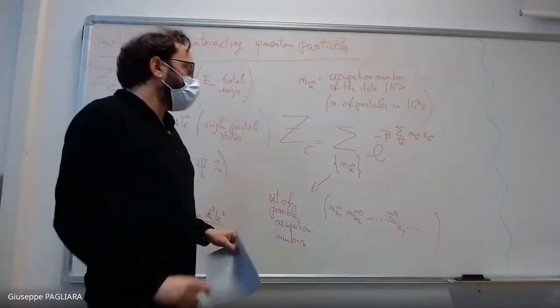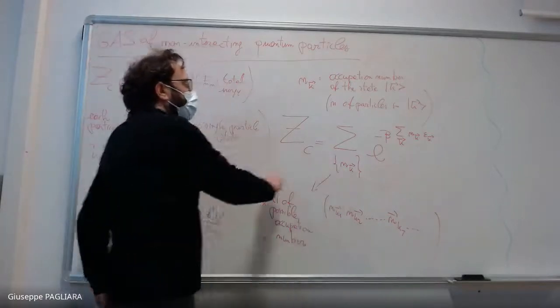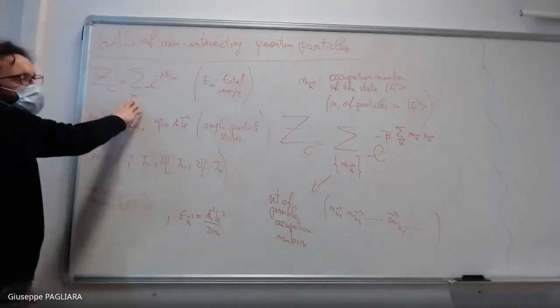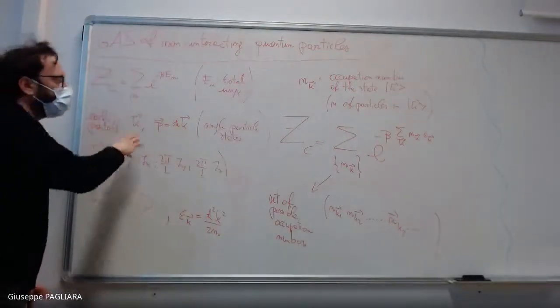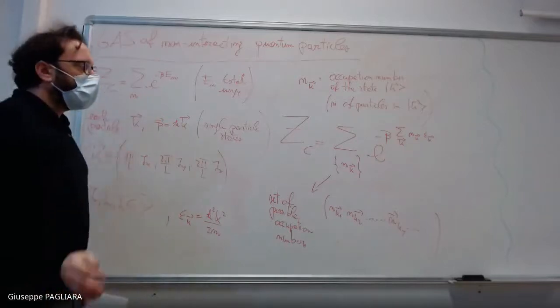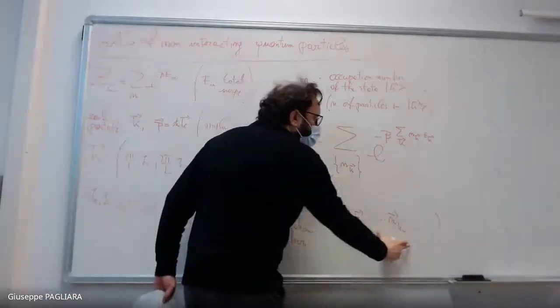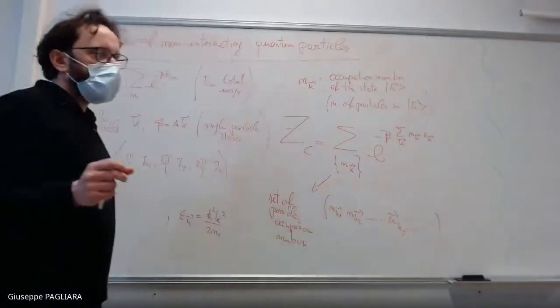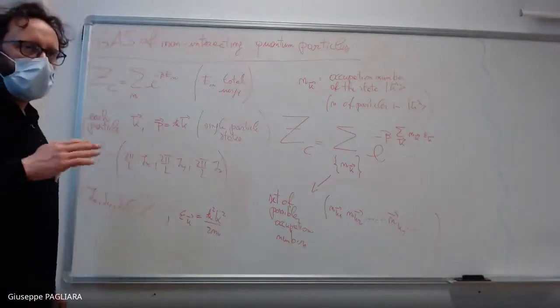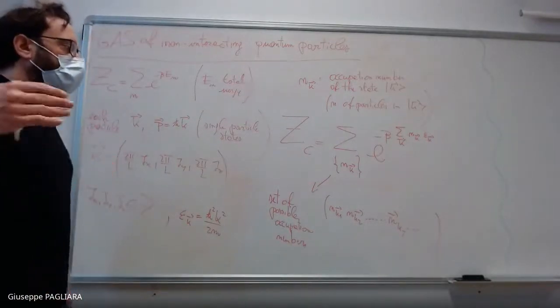So here the sum is not running over n, which is quite general and not very informative at this level, but it is running over all the possible arrangements of my particles in the states k1, k2, k3, etc.